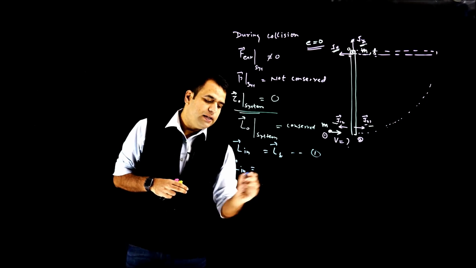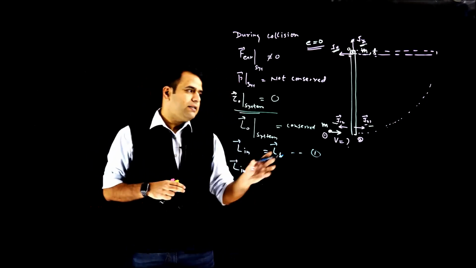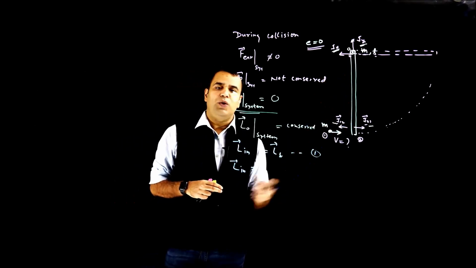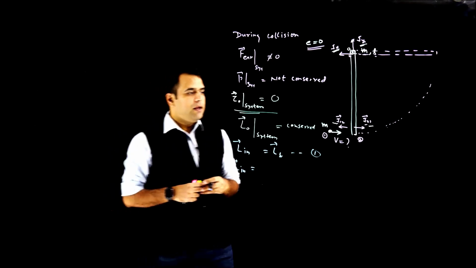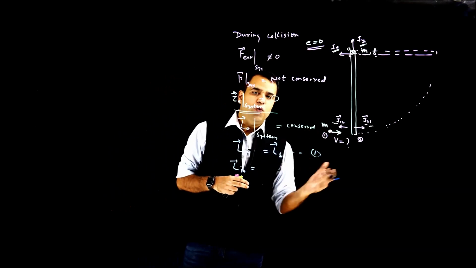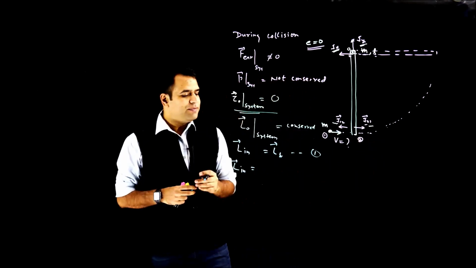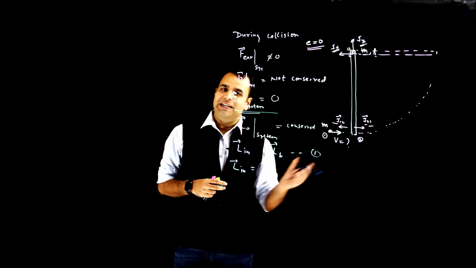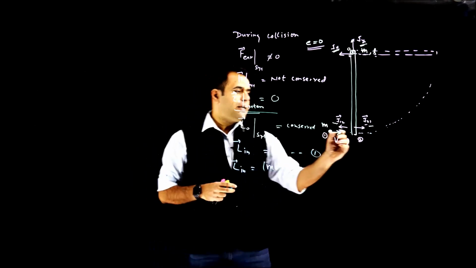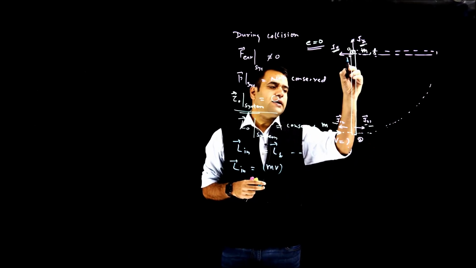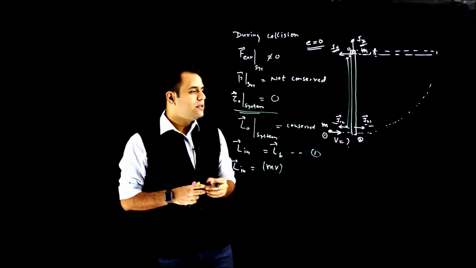calculate both the things. If I calculate the initial angular momentum for the system, then you see this rod was at rest. So there was no angular momentum of the rod before collision. And this point mass was moving. And to calculate the angular momentum, we have a relationship, and that is linear momentum of the point mass, that is mv, multiplied with the perpendicular component from the axis onto this momentum.